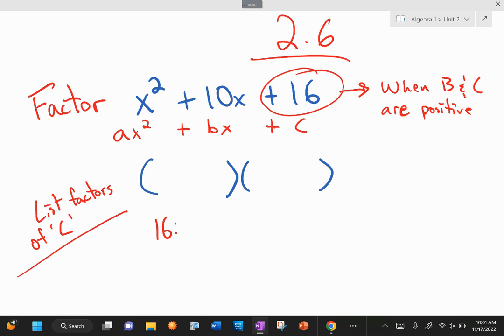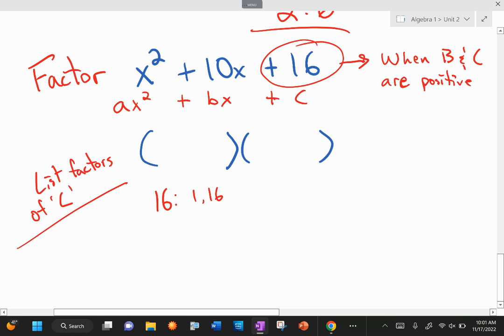What I mean by that is 1 and 16 go together because 1 times 16 is 16. 2 times 8 is 16. And 4 times 4 is 16. So those are all of our factors of 16 listed as pairs.